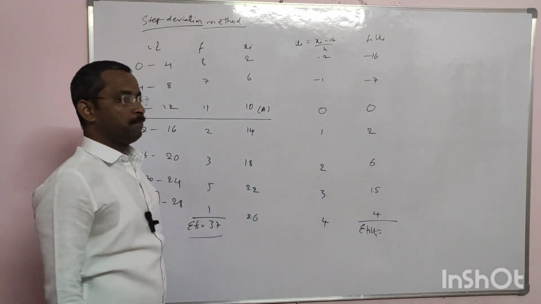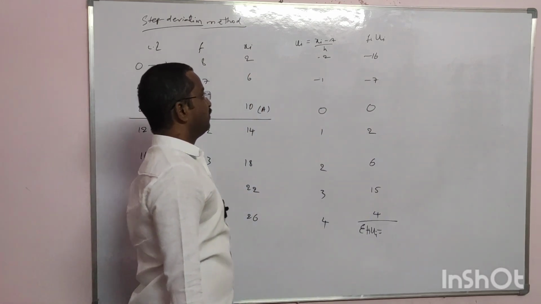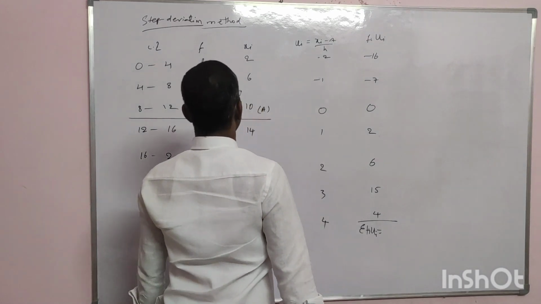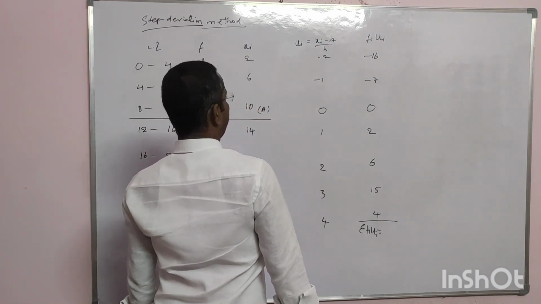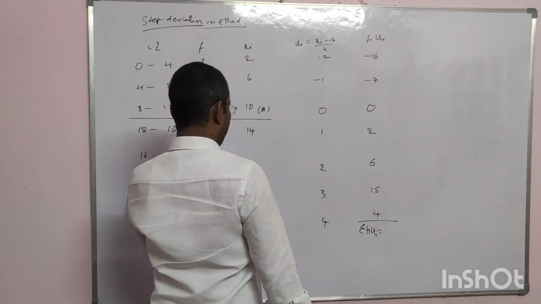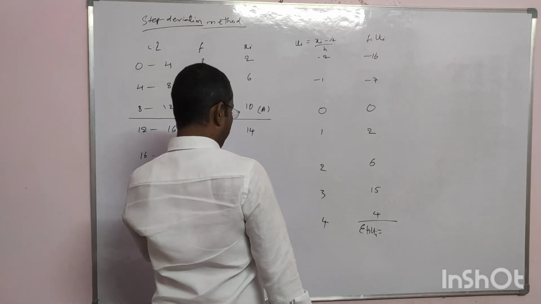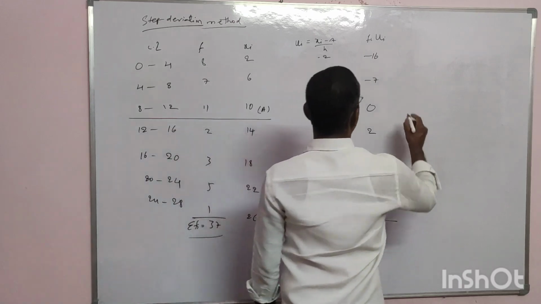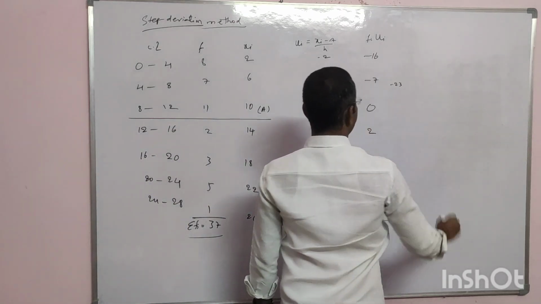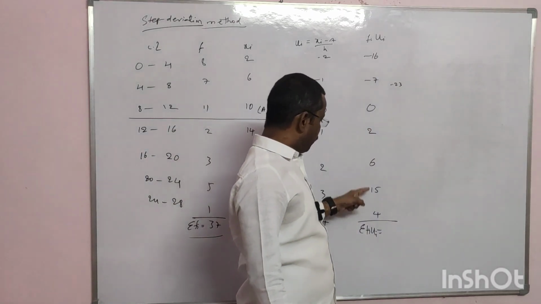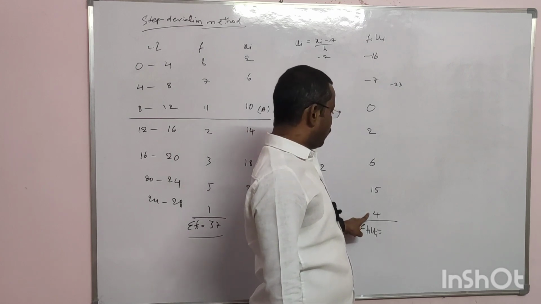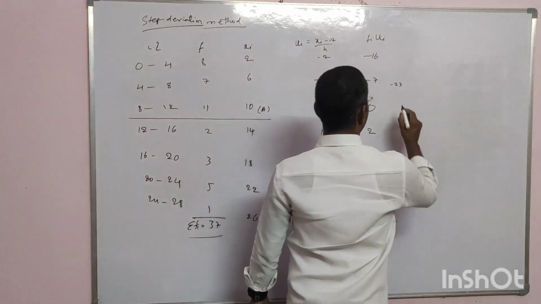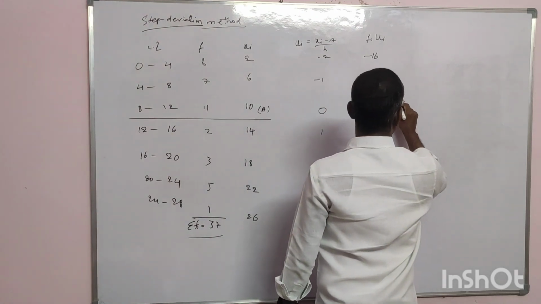What is the balance? 8 twos are 16, 7 ones are 7, so how much are we getting here? Minus 23. And here 6 plus 4, 10. How much are you getting? 20. So your answer is 4.